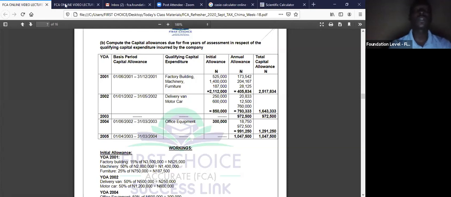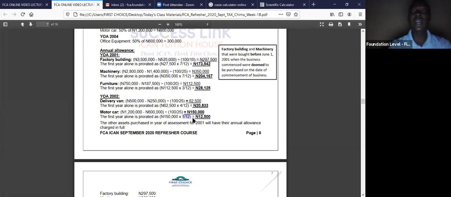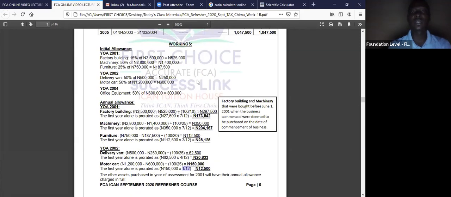So let's go back to what we did. When we are calculating annual allowance, remember this figure we got here before we prorate. Now for year 2, we're not going to prorate them. So we are bringing this figure.